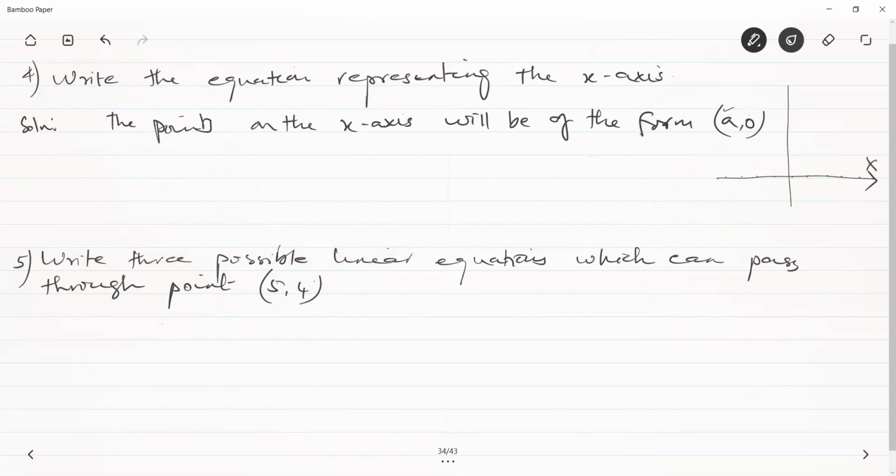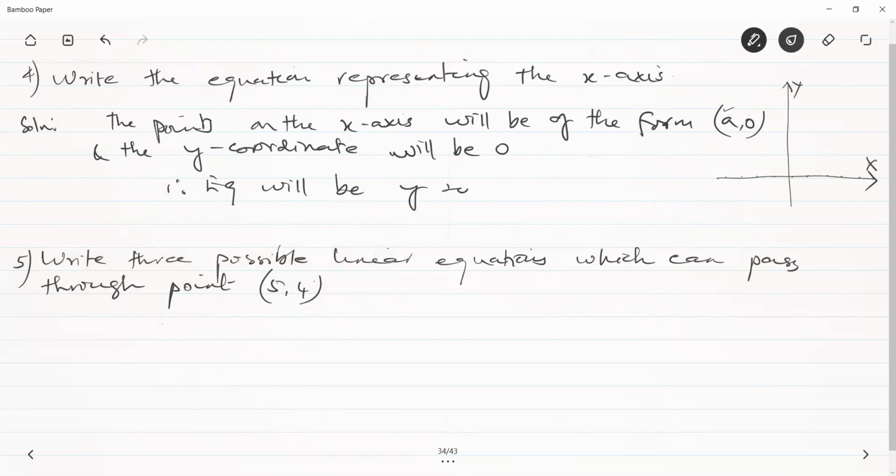So points on the x-axis will be of this form, and the y coordinate will be 0. Therefore, the equation will be y is equal to 0.